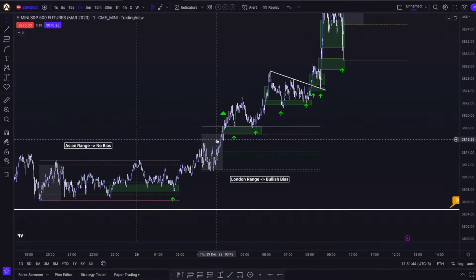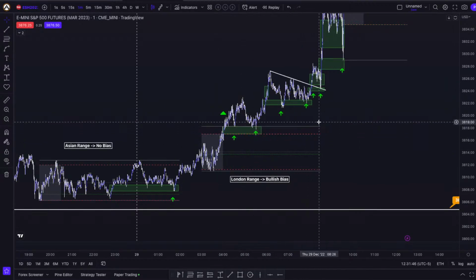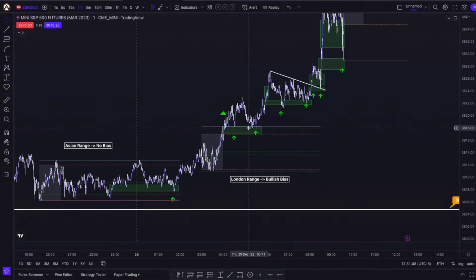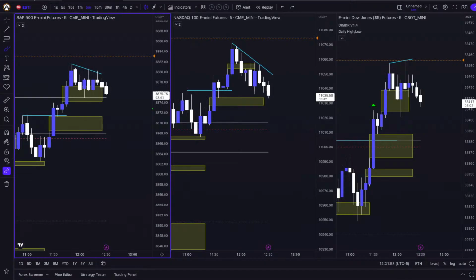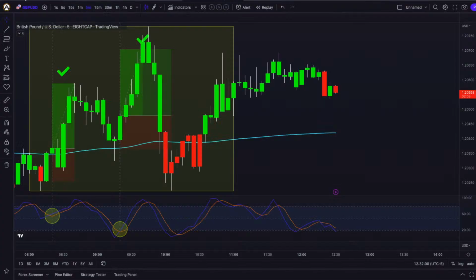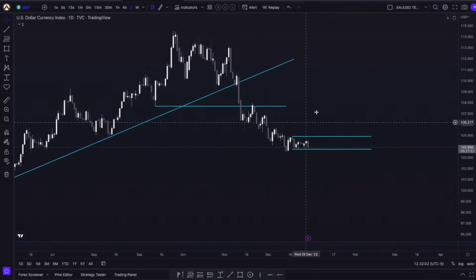And I think the struggle I had at the beginning is that I was focusing on too many charts at the same time. If you would only focus on futures, in this case index futures, for example, all you would have to have open is maybe the DXY right here on a daily time frame.